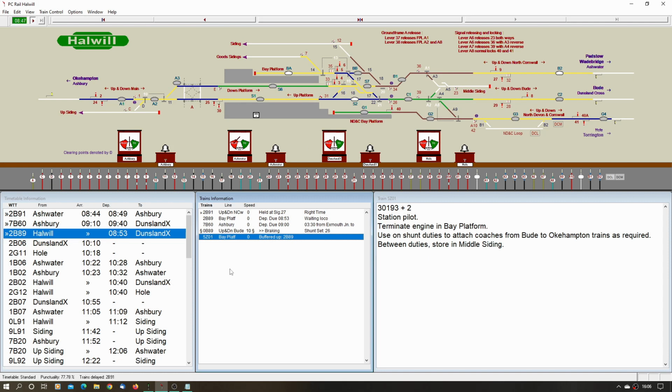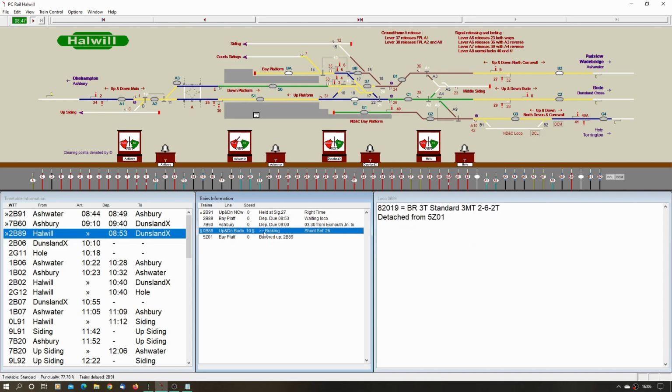Right, we've got that engine moving up now, so I can put 31 back. Right, let's see if we can put these points back. 17 is locked, of course, by 19. Oh, and 13. Right, 17.